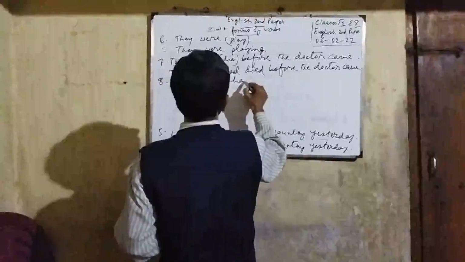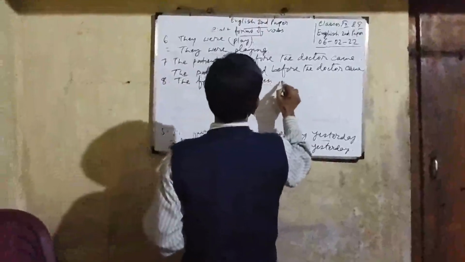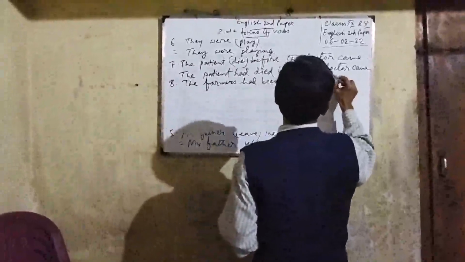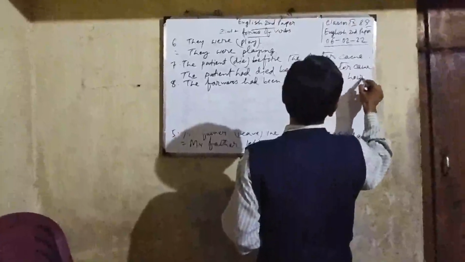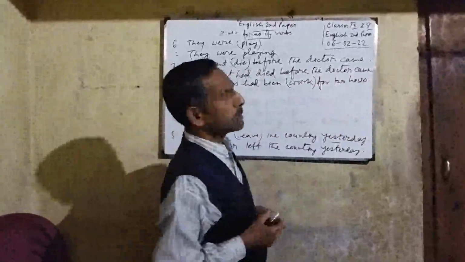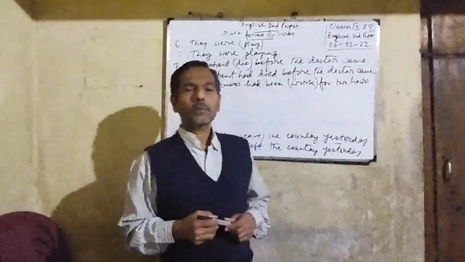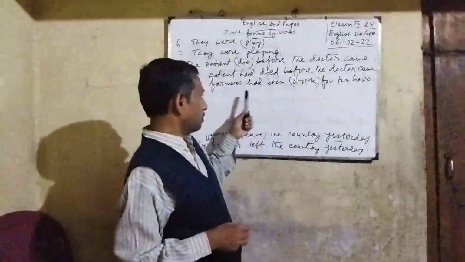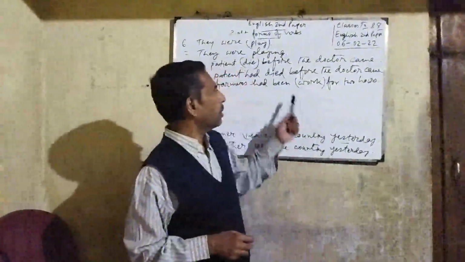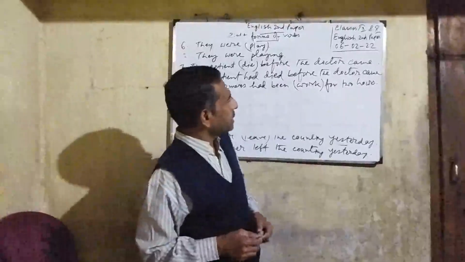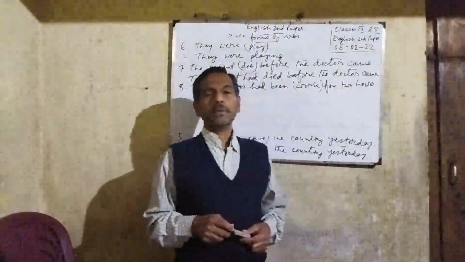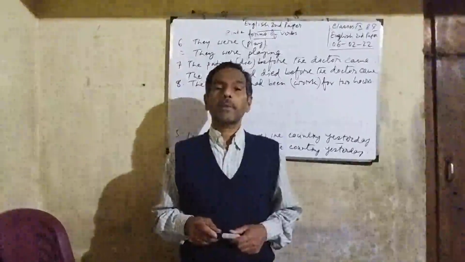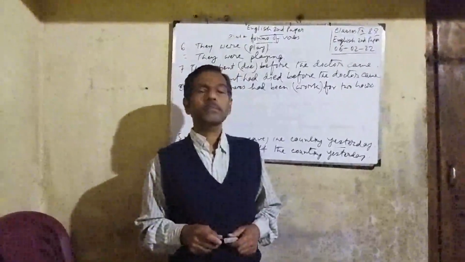Farmers had been work for 2 hours. In this sentence, the action that was occurring for a particular time in the past, here had been. So we'll make this sentence into past perfect continuous tense, and this activity will be done according to the structure of past perfect continuous tense.